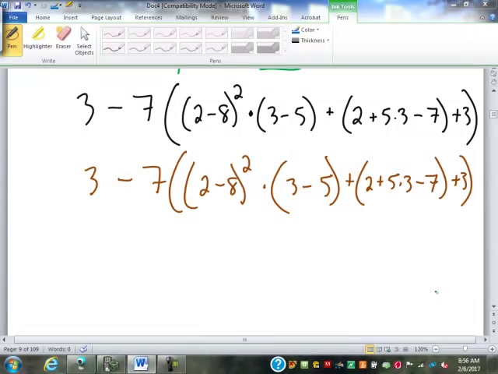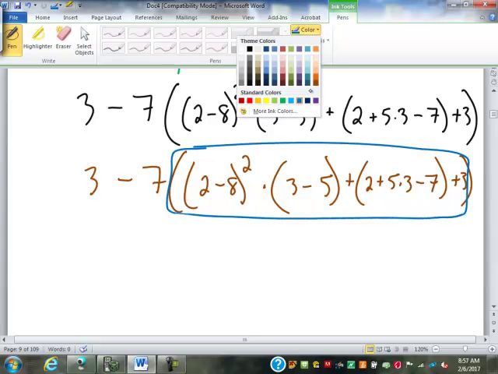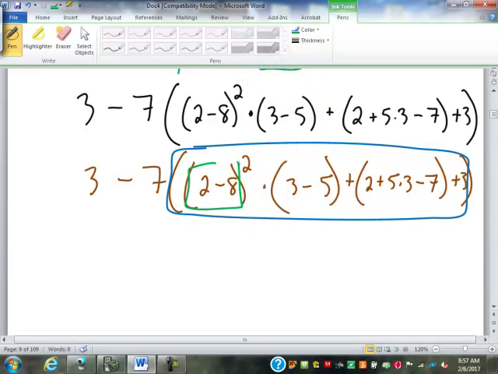Let's see how you're doing so far. So we've got the big parentheses here. Inside there, of course, we got this set of parentheses. What do we have to do there? 2 minus 8, which is -6. Then what?